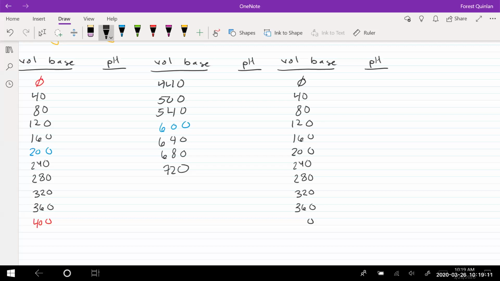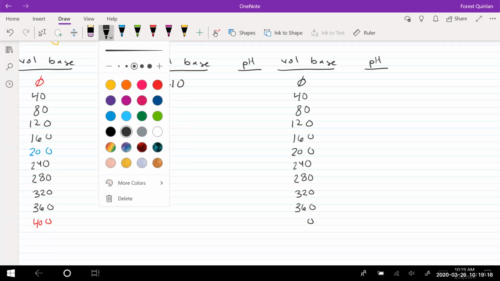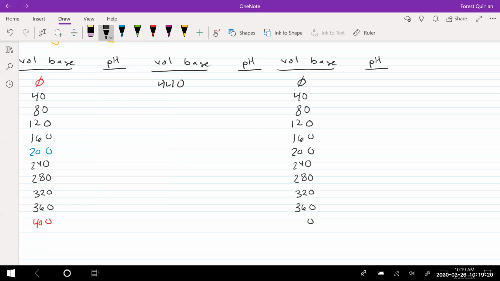If you wanted, you could probably do this in Excel and then copy it over. 480. I can't do math right. Sorry about that. 440. I thought there was something weird. So 480, 520, 560. Now we have our 600. 640, 680, 720, 760, 800.